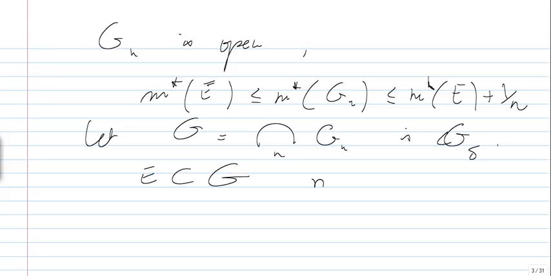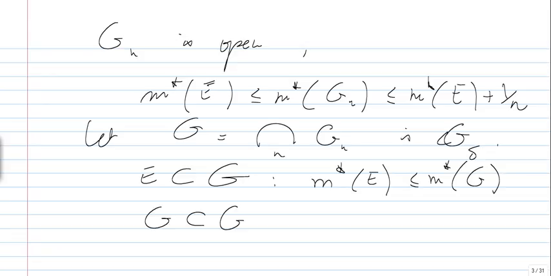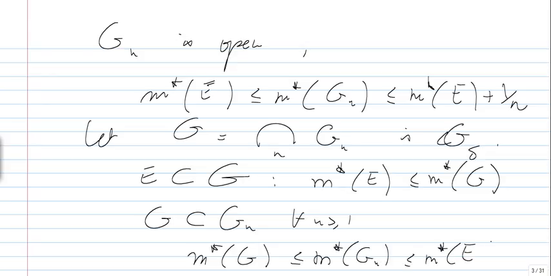Therefore, by monotonicity of the outer measure, the outer measure of E is less than or equal to the outer measure of G. And since G is included in G_n for every n, the outer measure of G is less than or equal to the outer measure of G_n, which is less than or equal to the outer measure of E plus 1 over n.